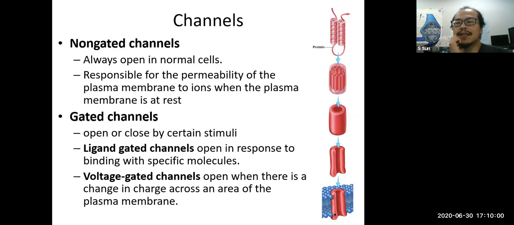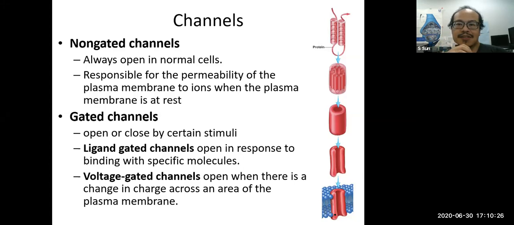Another one is gated. Gated means that it's commonly closed unless it's opened by one of two events. This gated channel can be opened by voltage, if the environment has a voltage change.